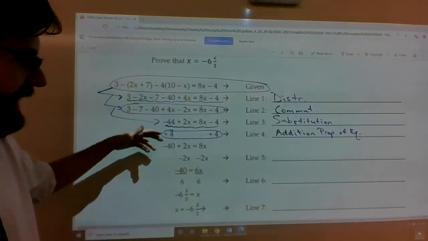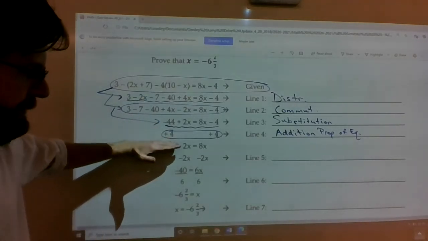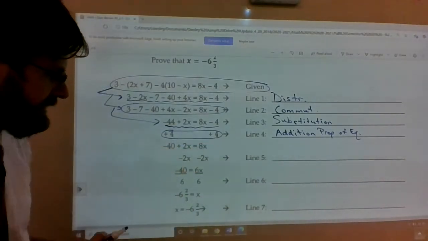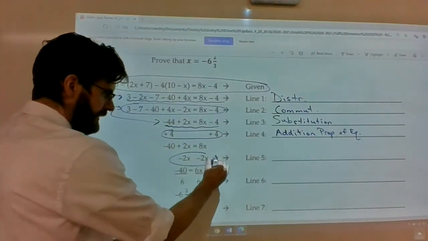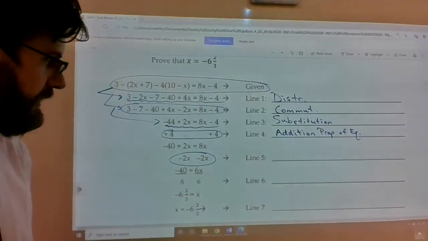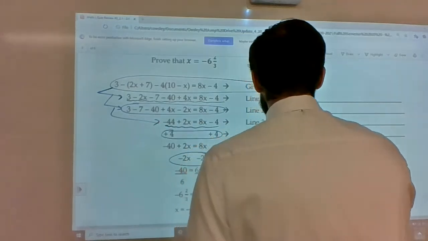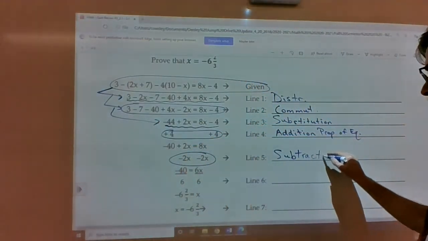And technically, I'm not asking you to document the calculation on this line, but from that line to the next, instead of adding, I'm subtracting. So that would be the subtraction property of equality.